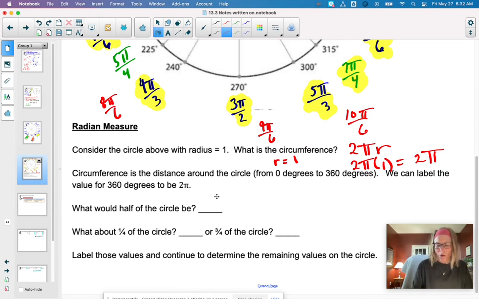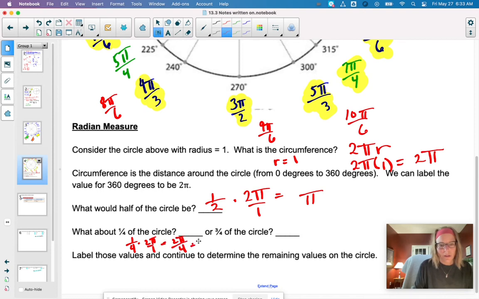So if we talk about what half of a circle would be, well, 1/2 of 2 pi over 1 is just pi. That's half of a circle. And if we talk about 1/4 of a circle, that's 1/4 times 2 pi, which is 2 pi over 4, which is pi over 2.